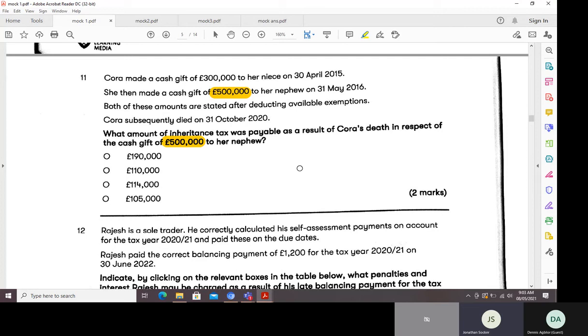And we said that anytime we quote the nil rate band, we need to consider gross chargeable transfers 7 years back. Even though you are taxing it in the year of death, you always have to quote the date the transfer is made, 31st May 2016. So now we need to look back within 7 years up to 31st May 2016. Was there any gross chargeable transfer?